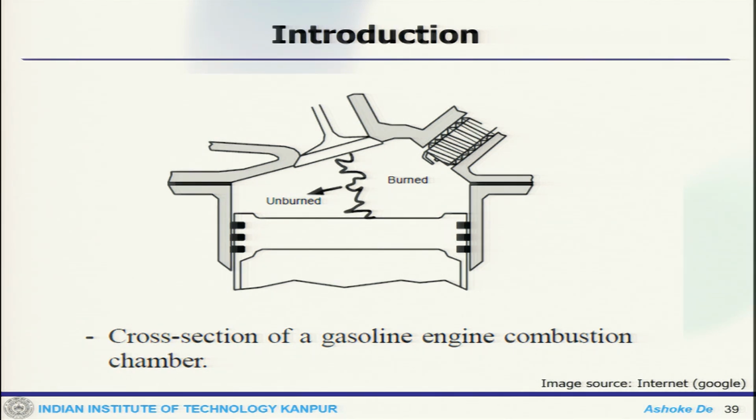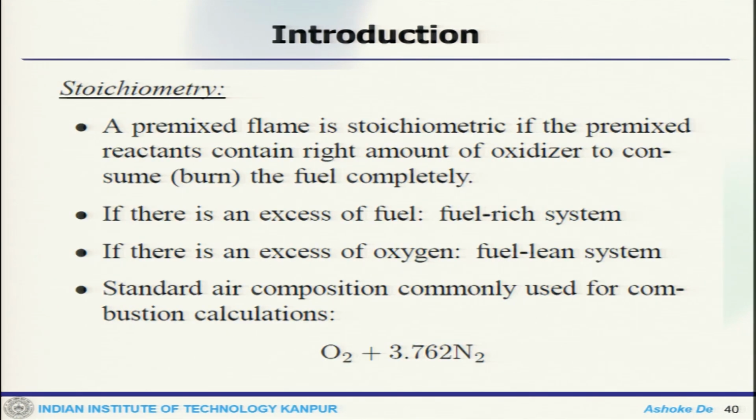These are premixed engines. In this cross section you can see the mixture comes through here, and then ignition takes place. Then there would be unburned and burnt product, and finally there is a movement of the piston. That is how you have this combustion process, which goes through the different cycles, and the cycles turn into your forces.